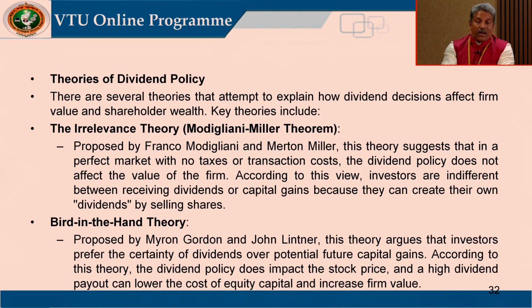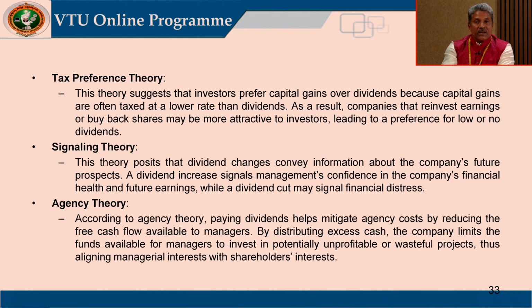Bird in hand argument means a minimum dividend has to be paid; people won't wait with the expectation of future returns. Then tax preference theory: tax on dividend is usually greater than capital gain tax, so investors and shareholders prefer capital gain instead of dividend.